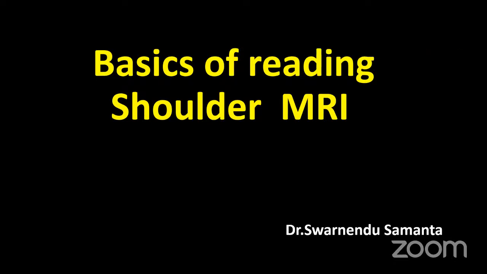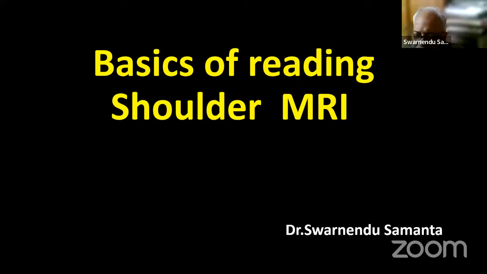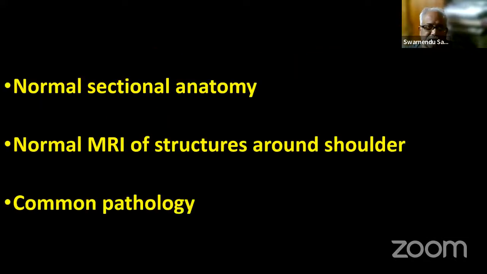Yes, sir. Okay. So I'll be going through the very basics of the shoulder MRI, so that our junior colleagues can understand how to read the MRI of the shoulder. As we train our eyes during the knee MRI, and even the spine MRI, you know what is the T1 image, what is the T2 image, or the fat-suppressed image, or the proton density.